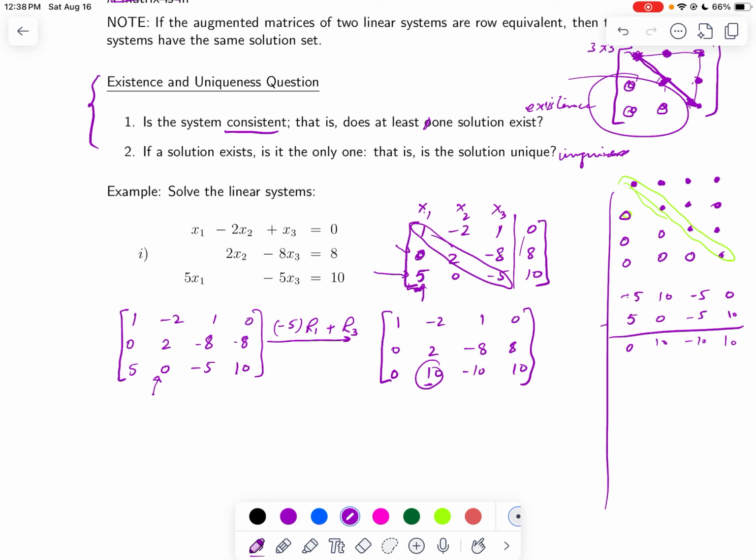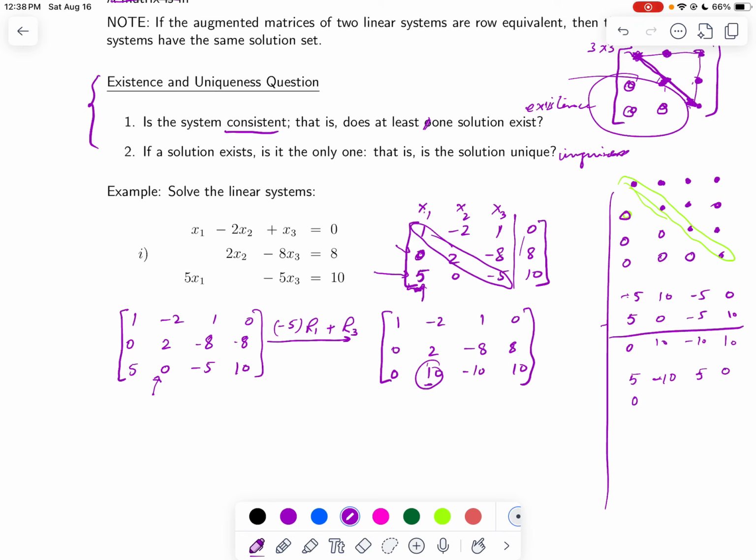If I use the first row, can you notice if I add a multiple of the first row to the third row, for example, if I multiply the first row by 5, not negative 5, sorry, I'm multiplying by 5, I'll get 5, negative 10, 5, 0.